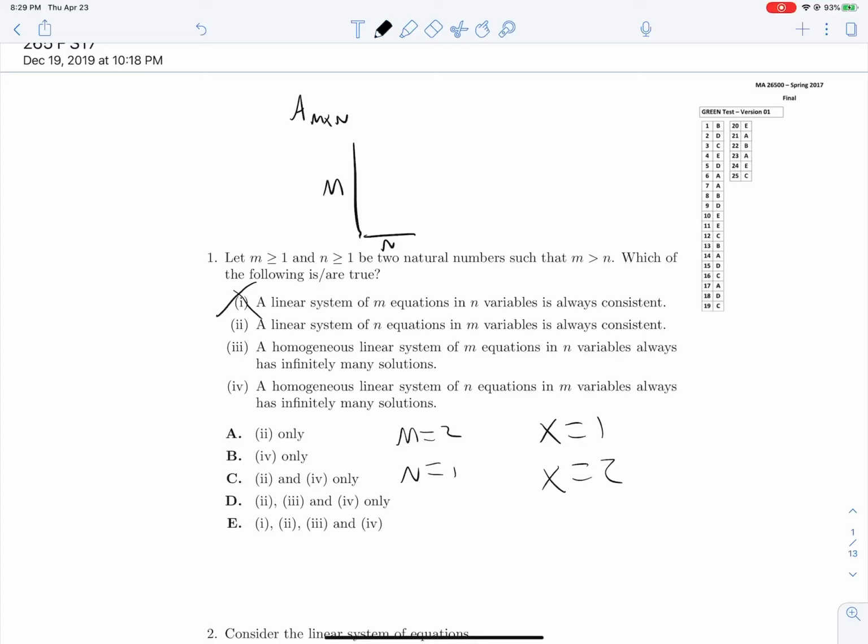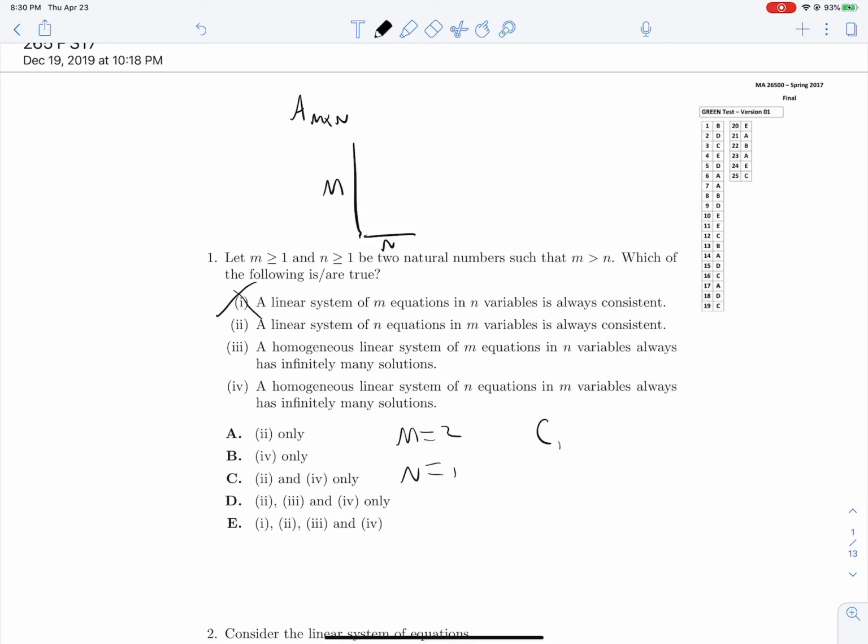What about 2? A linear system of n equations in m variables is always consistent. Let's go with this. I kind of messed up by using x there.